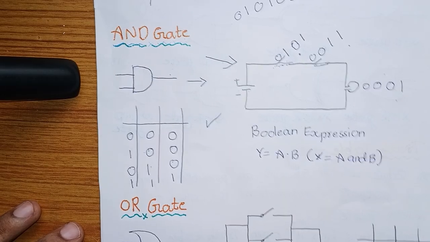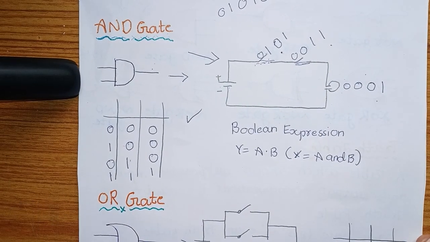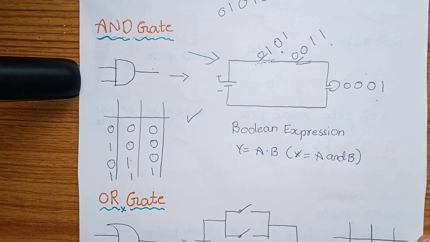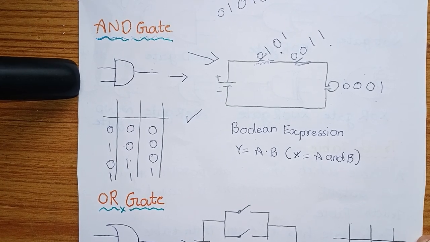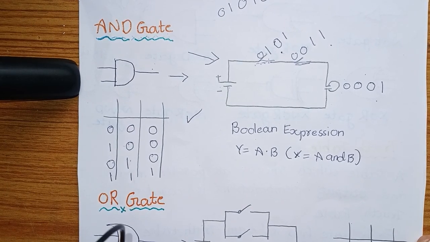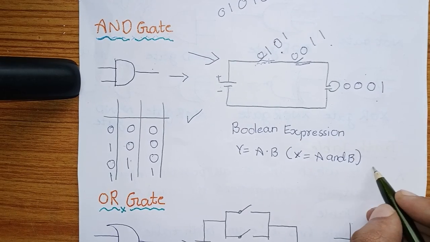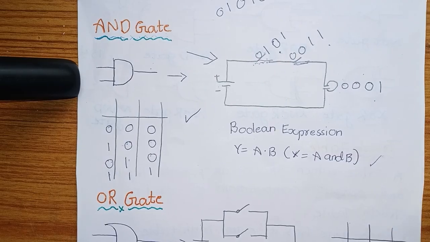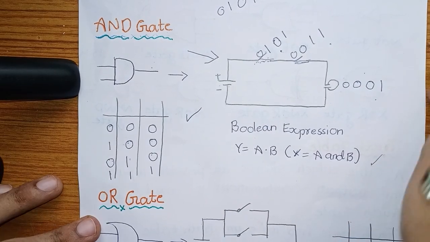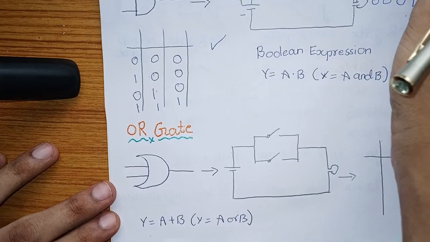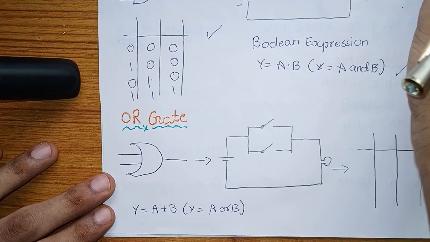Okay, then what about the Boolean equation? Y is equal to A into B, where Y is equal to A AND B. Just remember this, nothing more. Are you sure that you have understood the AND gate?